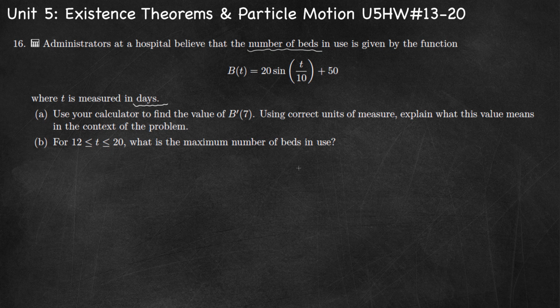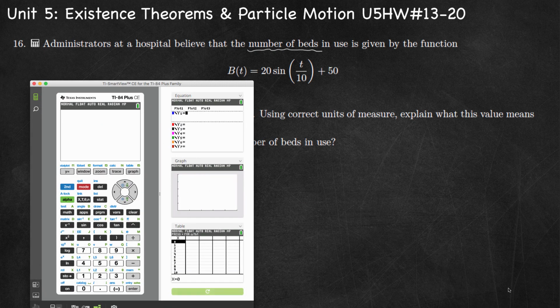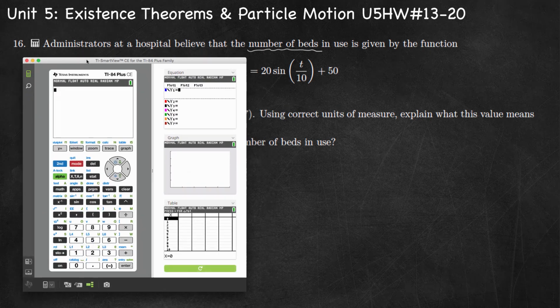Part A, let's find b prime of 7. We're going to do this numerically on the calculator. So I will enter my equation, make sure that you are working in radians. So our function is 20 times the sine of t over 10 plus 50. And we want to find b prime of 7.